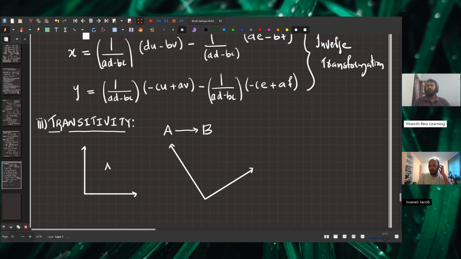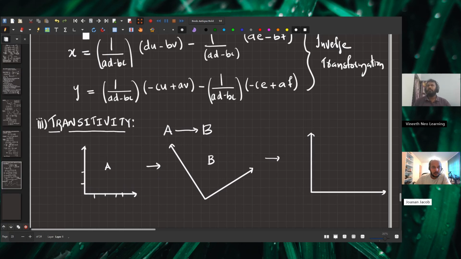This is A, and this coordinate system is B. Then we have another transformation from B to some other coordinate system. Let's say we have scaled the axes. This was this coordinate system.